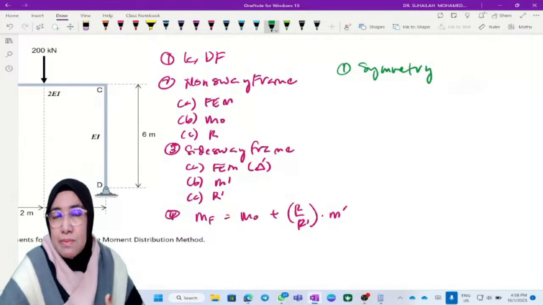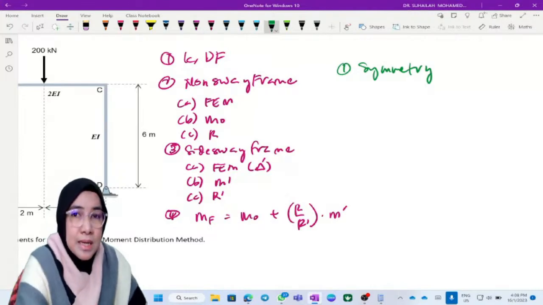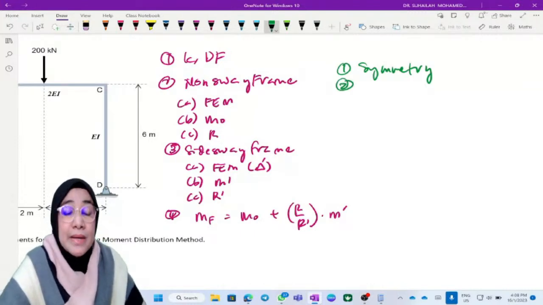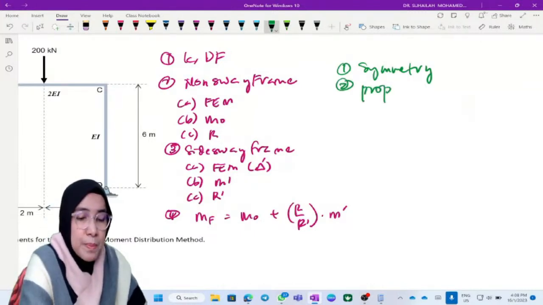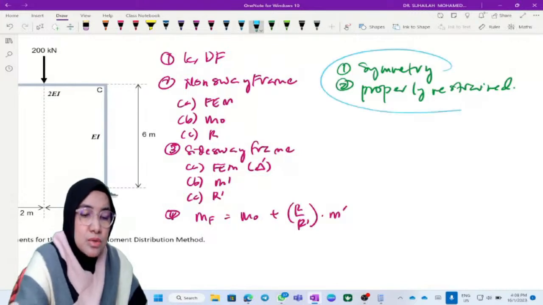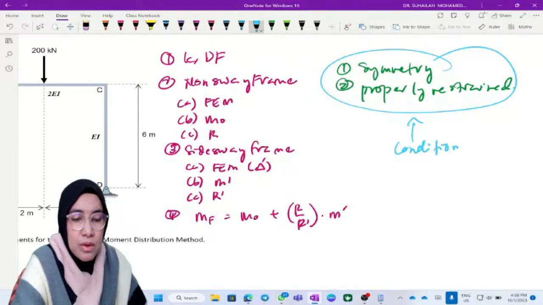If the frame is symmetric due to loading and due to geometry, it is a non-sway frame. And another condition is properly restrained, or fully restrained. These are the two conditions of a non-sway frame.